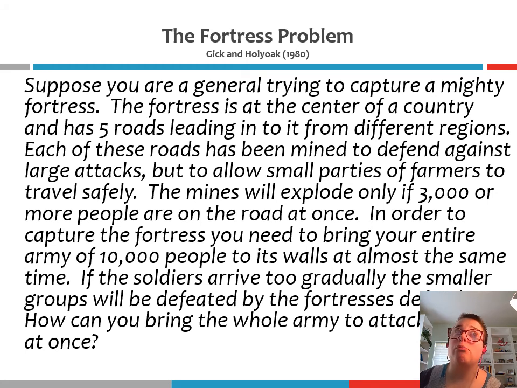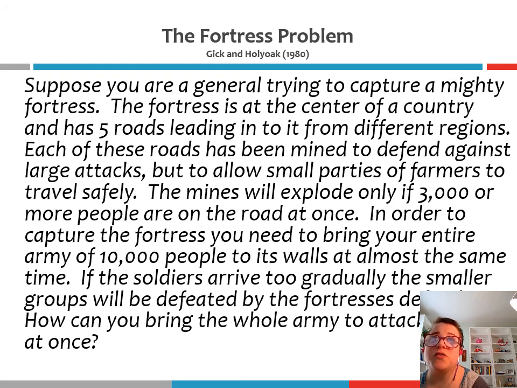So the fortress problem says, suppose you are a general trying to capture a mighty fortress. The fortress is at the center of a country that has 5 roads leading into it from different regions. Each of these roads has been mined to defend against large attacks, but to allow for small parties of farmers to travel safely.